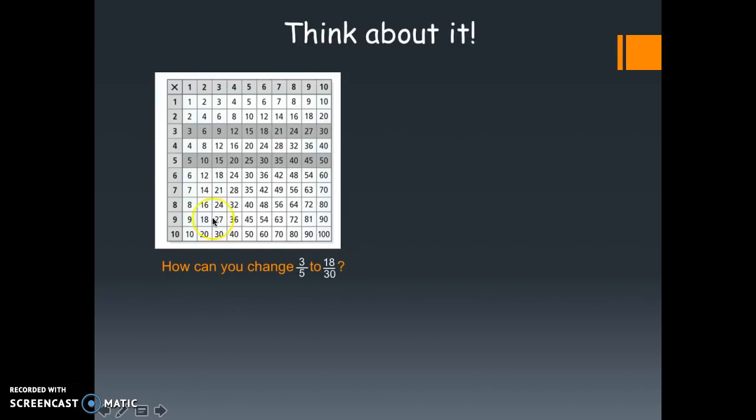So, question, how can you change 3/5 to 18/30? Well, here's 18/30. In order to get to 18/30, we would have had to have multiplied the top and the bottom by 6.